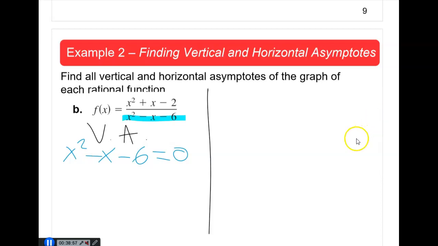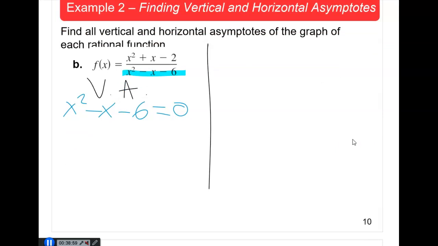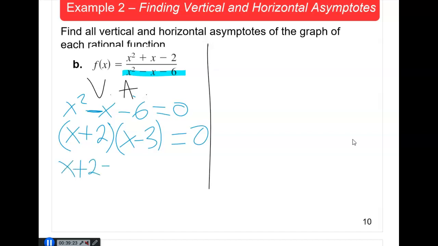So I'm going to solve this one by factoring, and we will have the factors x plus, x minus, and the numbers that we need will be 3 and 2, because positive 2 times negative 3 is negative 6, and then 2 minus 3 is negative 1. So then we take each factor, equal it to 0.